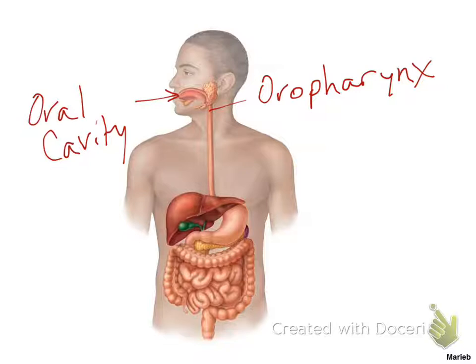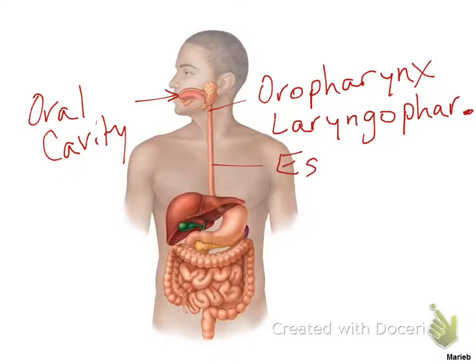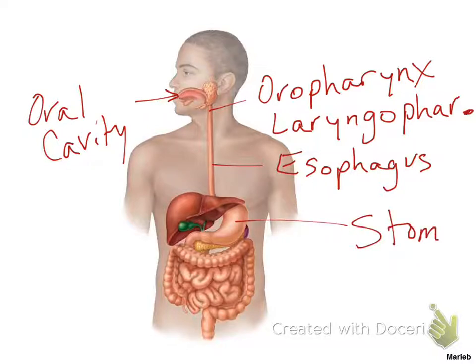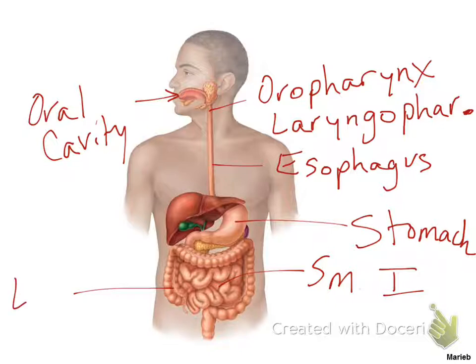From the oropharynx to the laryngopharynx, and then the esophagus. And then from the esophagus, where's it headed? To the stomach, exactly. And then from the stomach, where does it go? Small intestine. And then to the large intestine.